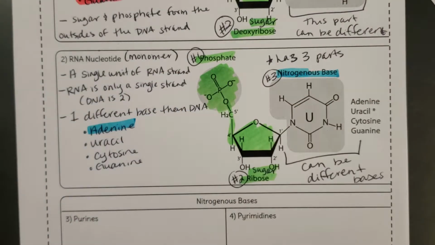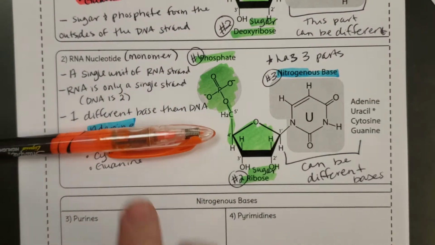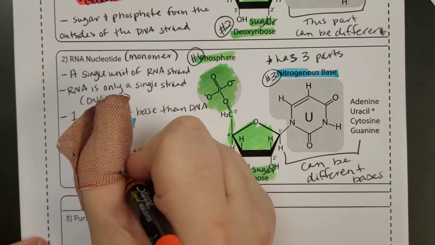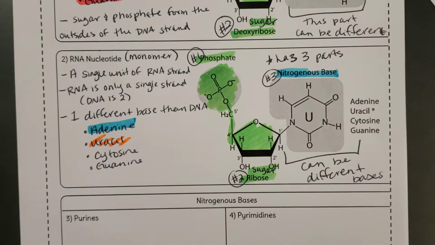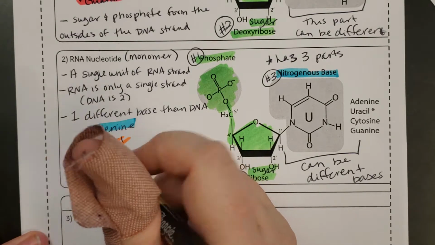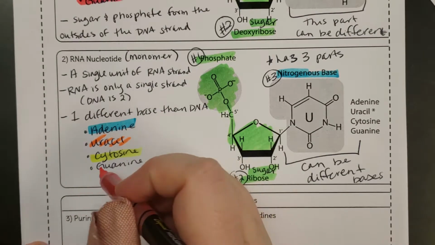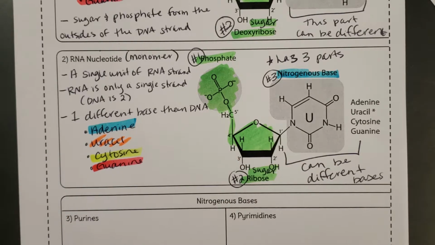So I'm going to color code them. We're going to put uracil as like a stripy orange because it still matches with adenine, but it is different from thymine, which is why your body knows it's RNA and not DNA, because that would get confusing. If you had tiny little strands that were exactly the same, your body would be so confused.